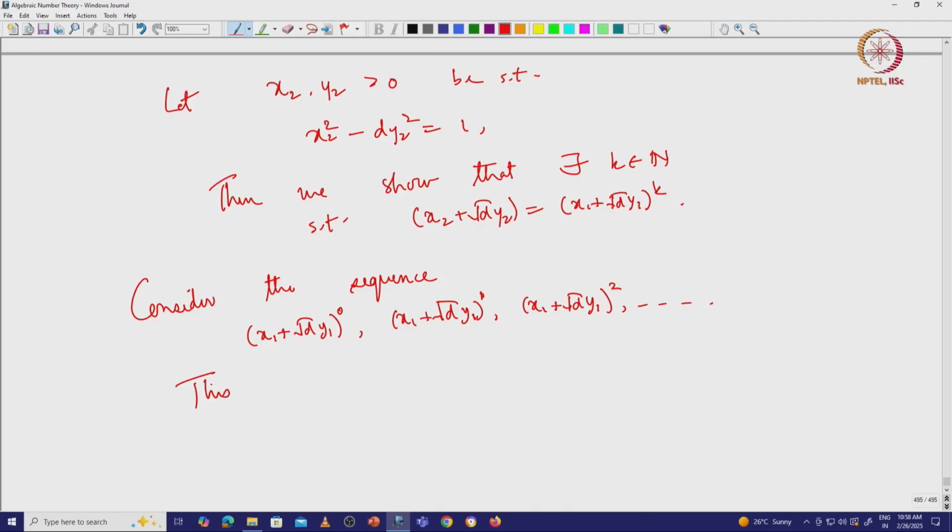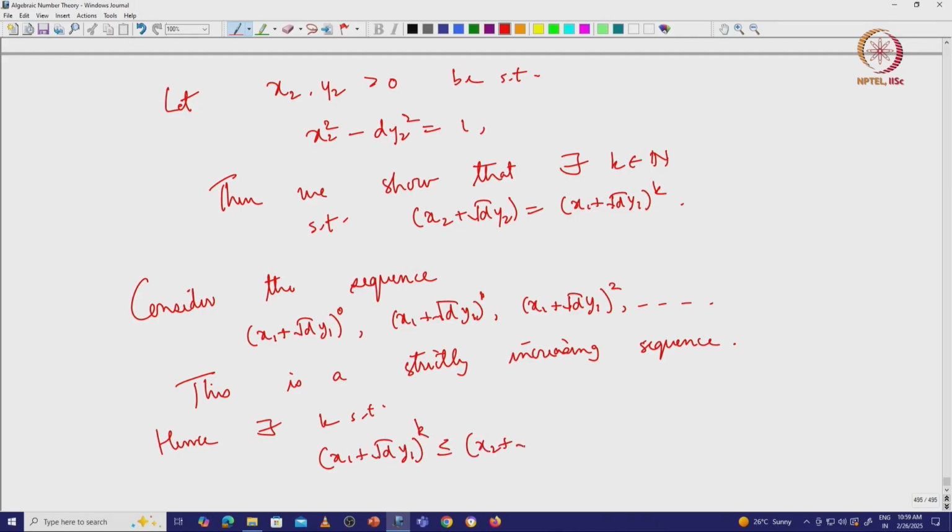This is a strictly increasing sequence, right, which means hence there exists k such that (x1 plus square root of d y1) to the k is less than or equal to x2 plus square root of d y2, which is strictly less than (x1 plus square root of d y1) to the k plus 1, right. It should sit between these two quantities.